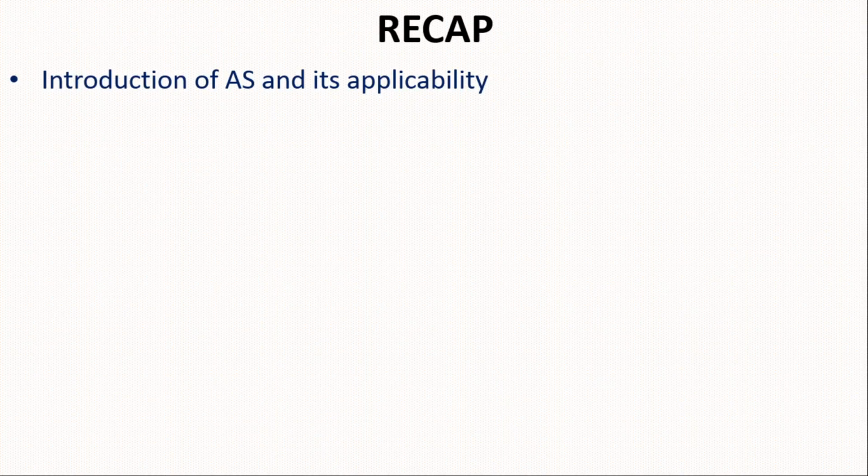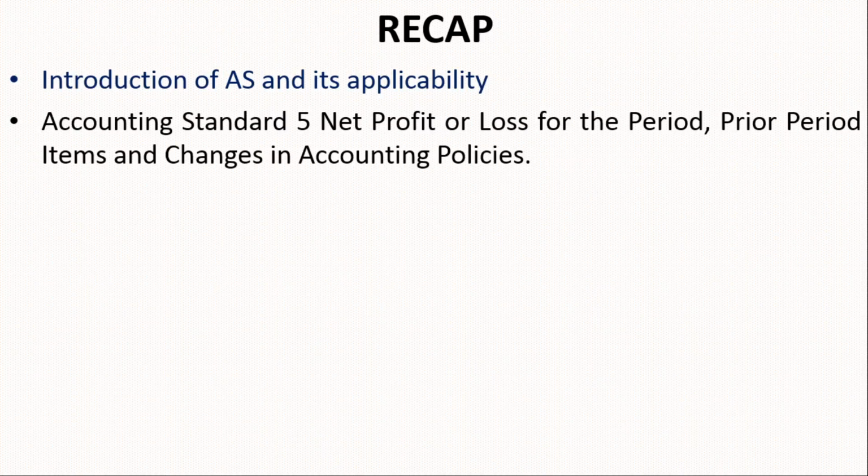First of all, I would like to recap that we have already discussed the introduction of accounting standards, its applicability, and Accounting Standard 5, that is net profit or loss for the period, prior period items, and changes in accounting policies. The video of this AS5 has already been posted on YouTube as well as on the KTHM e-learning app. You can see that video.